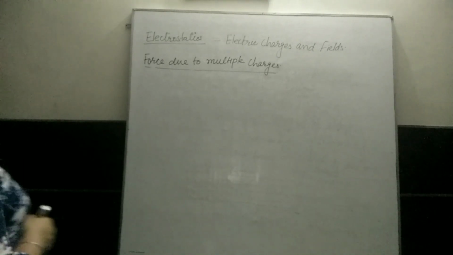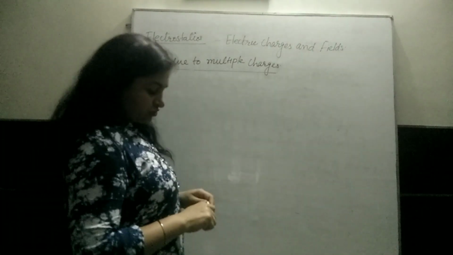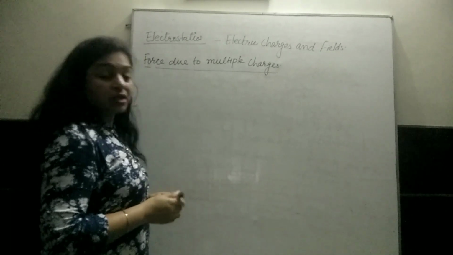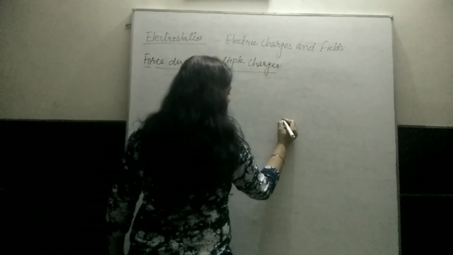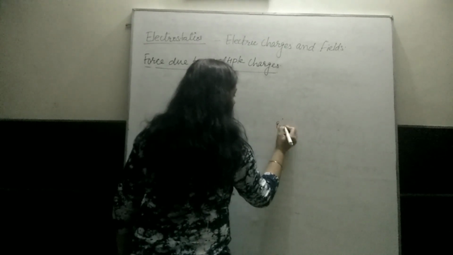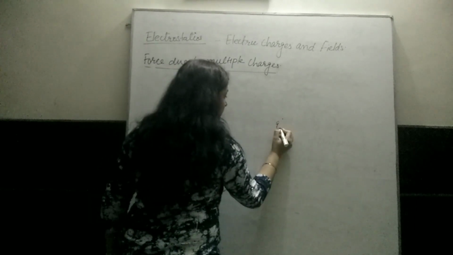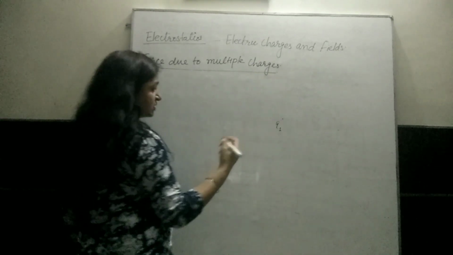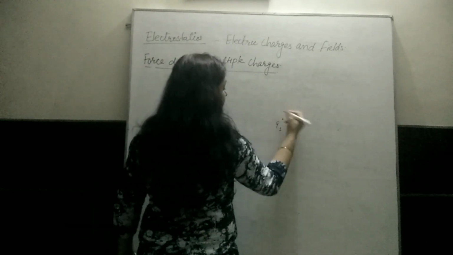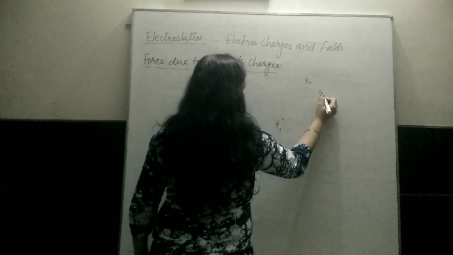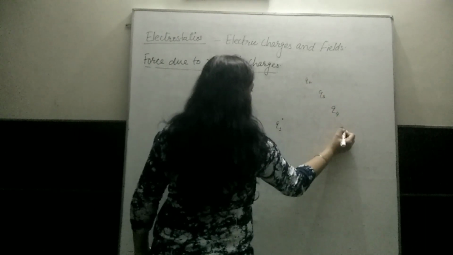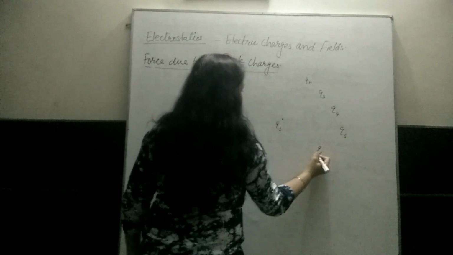In order to find the net force on a particular charge because of other charges present, let us consider one example. We have this charge Q1 in our system, and a number of other charges present in the system: Q2, Q3, Q4, Q5, Q6 and so on.